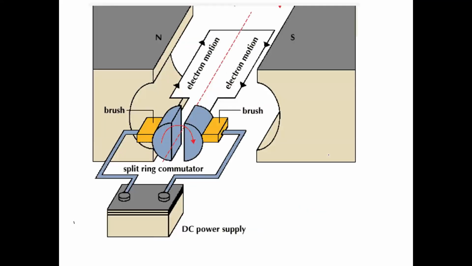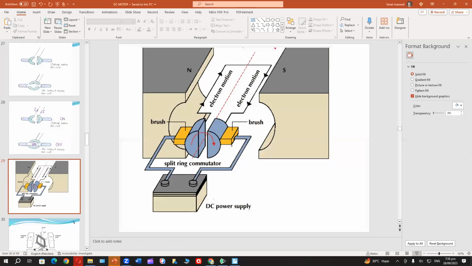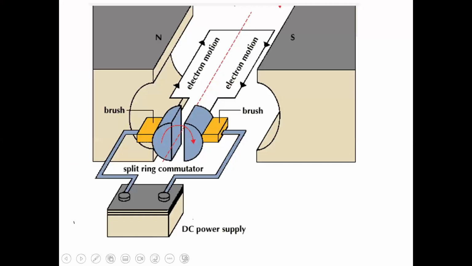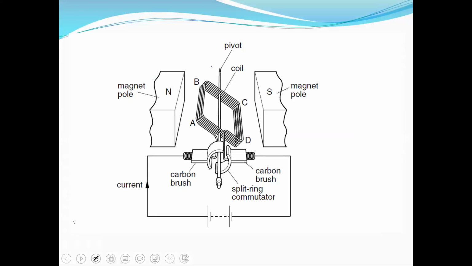This is how the circuit works. This is called a DC motor. There is a gap between the two brushes, a gap between the two rings. Please look carefully at this gap. Due to this gap the motor coil does not rotate completely until the gap is there.